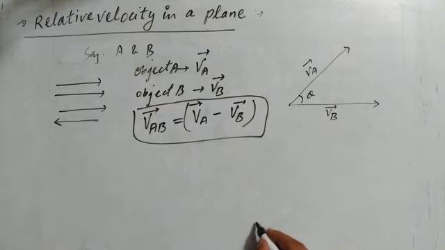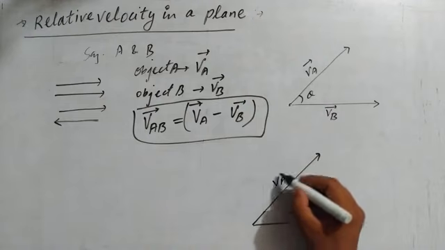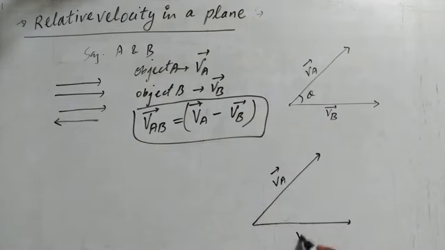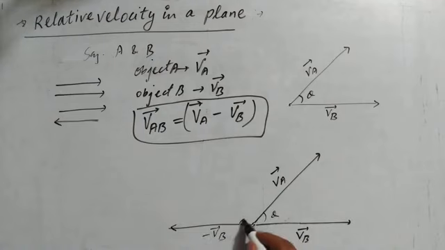So the diagram will be like this. If this is VA and this is VB, we have to add a negative of VB, that means in the opposite direction and of the same magnitude. If this is theta, this will become 180 minus theta.